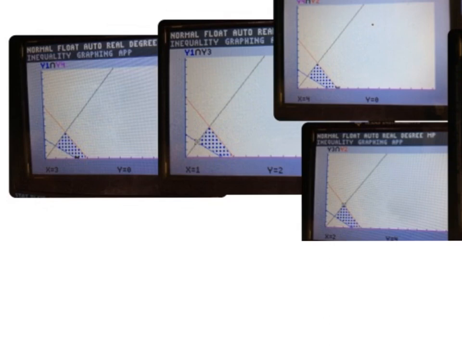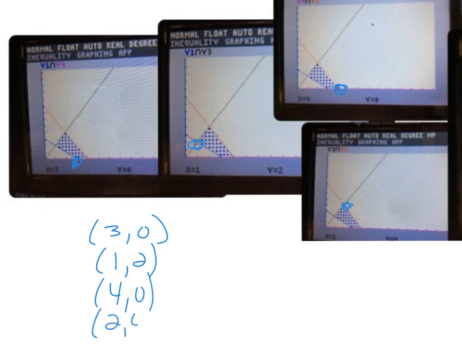So the four vertices turn out to be 3, 0, 1, 2, 4, 0, and 2, 4. Those are the four vertices for the solution area.